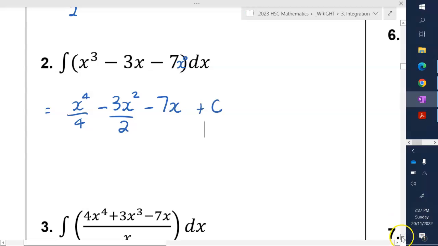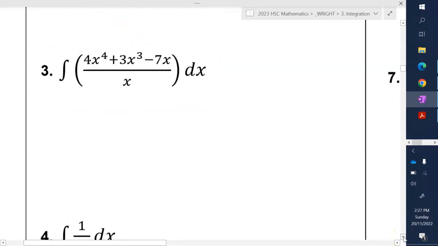Let's keep going. Okay, 3 is a little bit different. We have x's on the top, we have an x on the bottom. At this point, we don't have a rule to deal with this, but I can simplify this. So I'm going to write it in a simplified form before I integrate it. I'm going to write my integral symbol there, and I'm going to divide each of these top terms by my x.